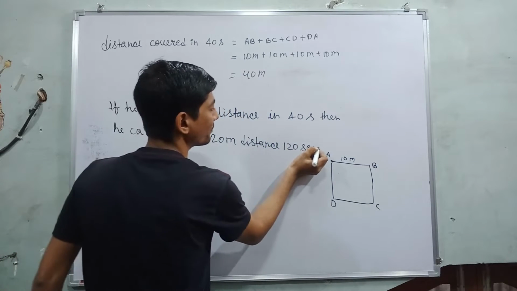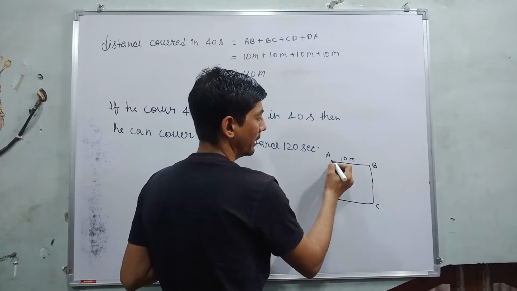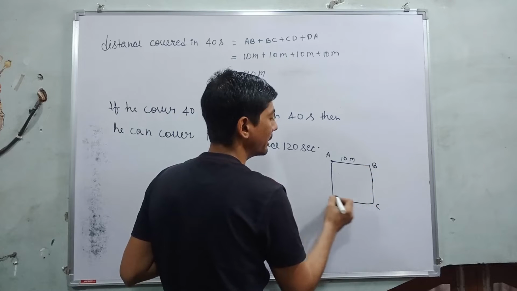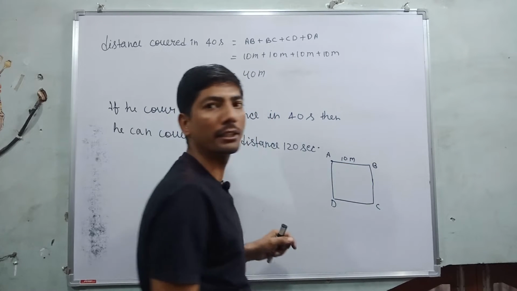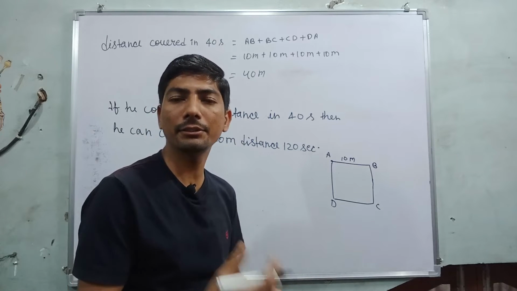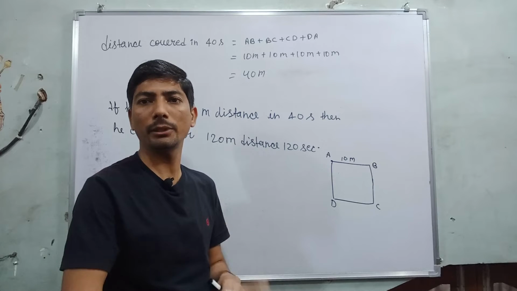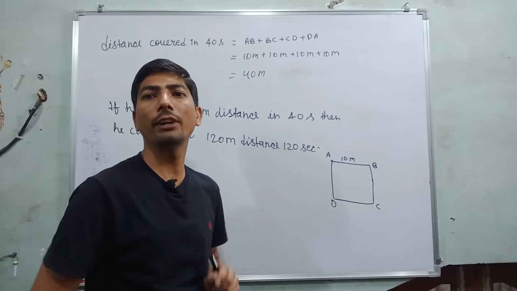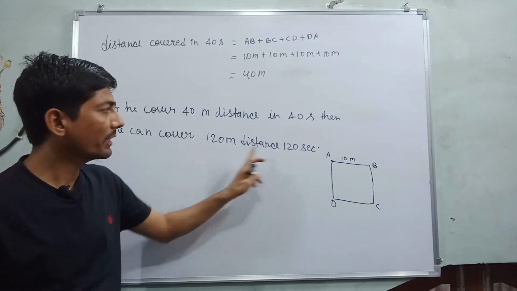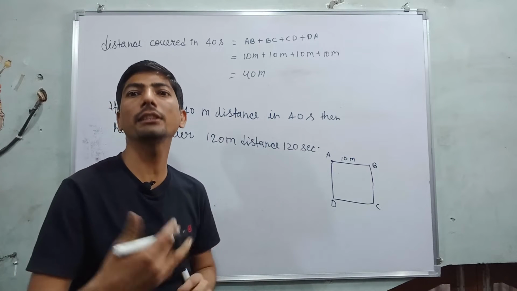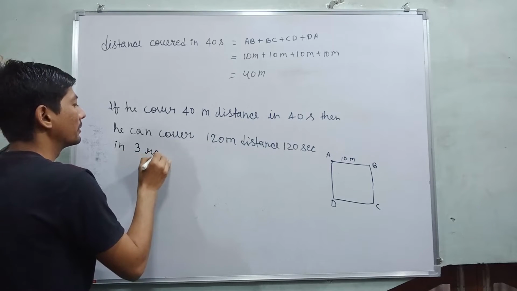Okay, how? First he covers 40 meter in one round, then 80 meter in the second round, and similarly 120 meter in the third round, and in this way the time will be 120 seconds. 40 seconds plus 40 seconds plus 40 seconds becomes 120 seconds. So he will cover 120 meter in 120 seconds after covering 3 rounds.